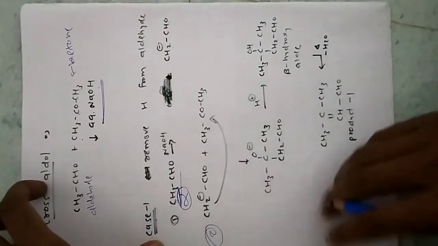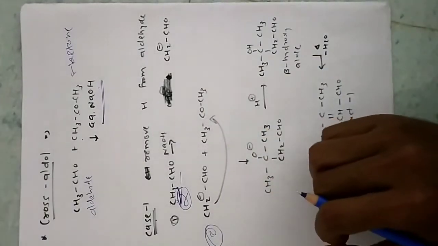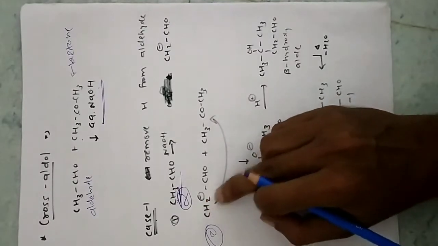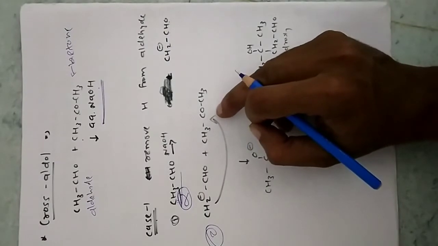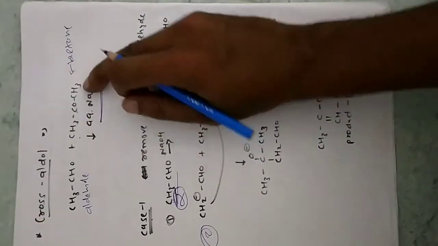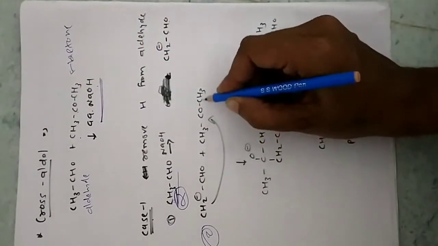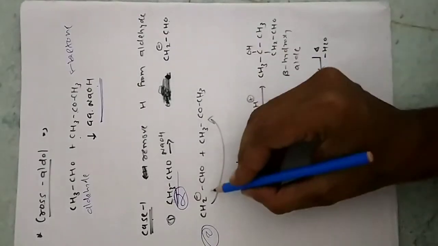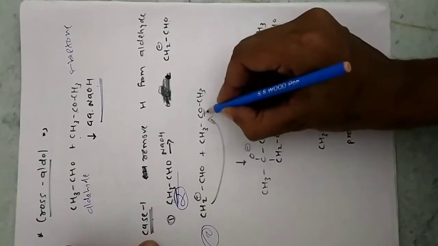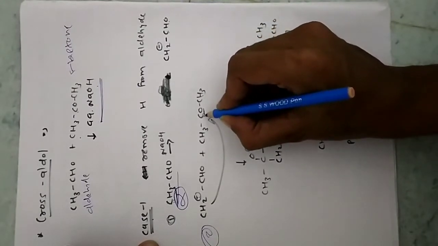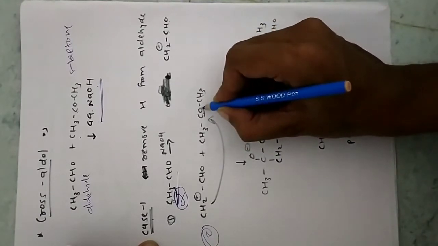Now second step. This negative ion CH2 minus CHO reacts with another molecule, which is the ketone here, CH3COCH3. In this, carbon is partially positive and oxygen is partially negative.